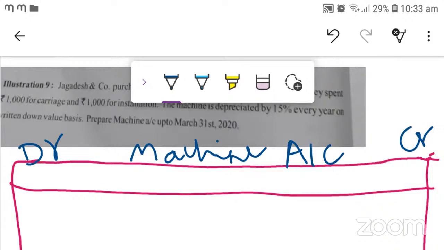So we have to mention debit side and credit side.